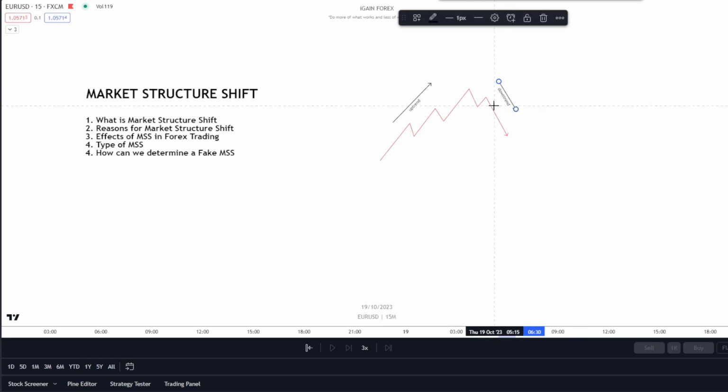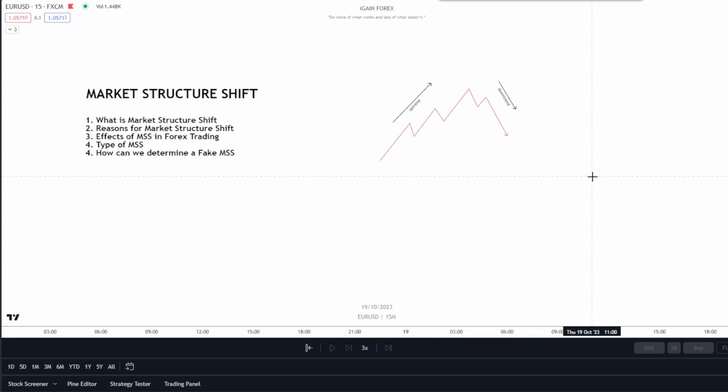So we have first the uptrend, and then we have this shift into a downtrend. That is just the simple meaning of this market structure shift.